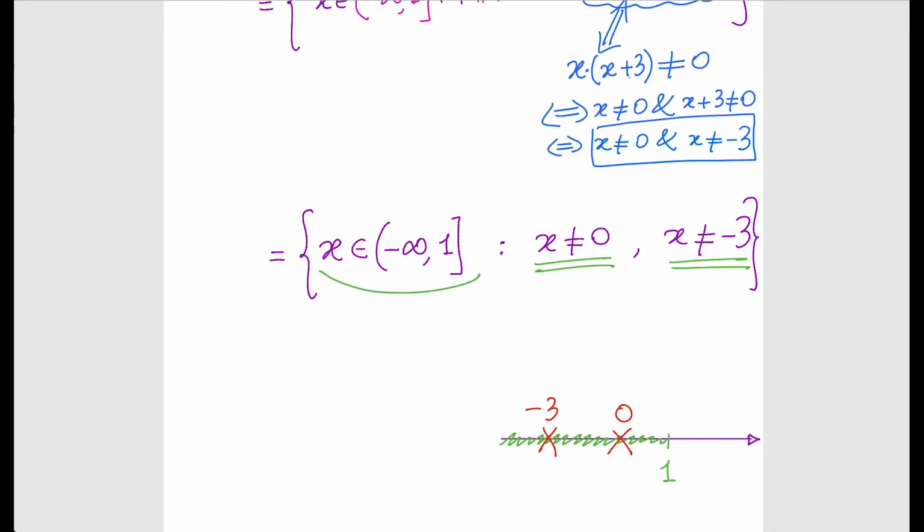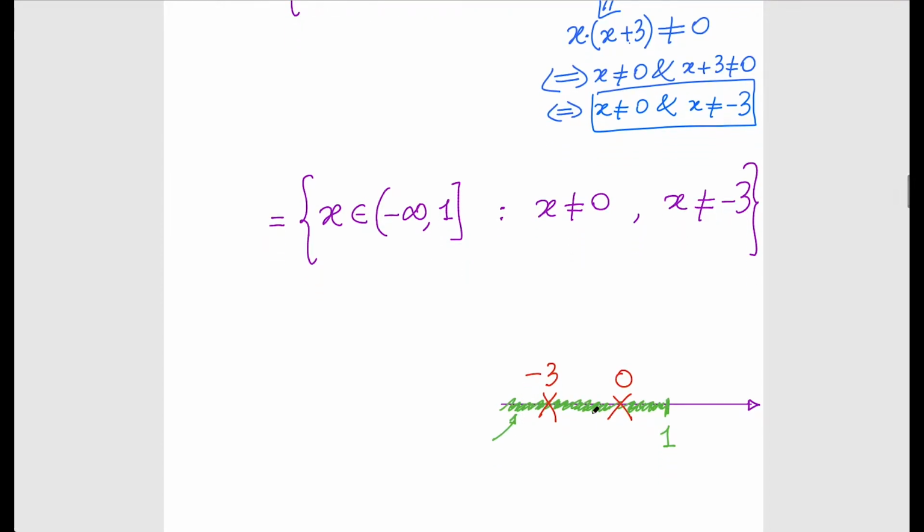Can we write these green elements in interval notation? Well, this should be the union of 3 parts, right? This part here, this part, and those guys, including the 1. What's the set representing those elements? These are minus infinity all the way to minus 3, excluding minus 3, because minus 3 is a bad guy.